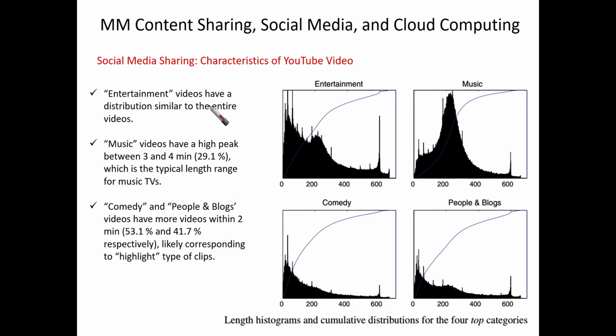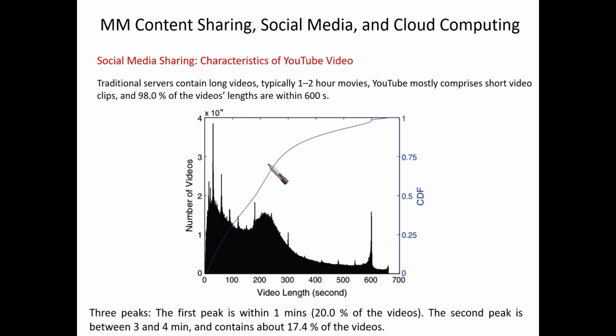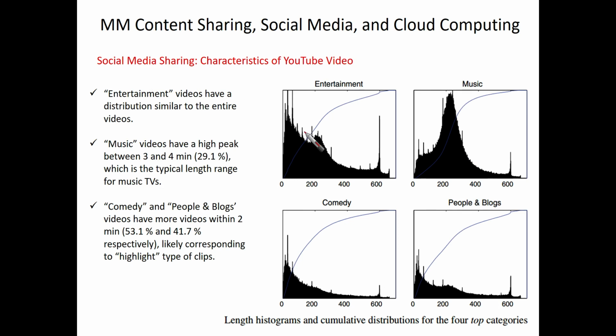And if we see the length histograms of the top 4 categories, for example entertainment, music, comedy, and people and blogs, you see that the characteristic of entertainment video is the same as that of overall videos, because the shape it follows is exactly similar to the shape we see in entertainment video. But for music, it has high peaks around 3 to 4 minutes, as you see.